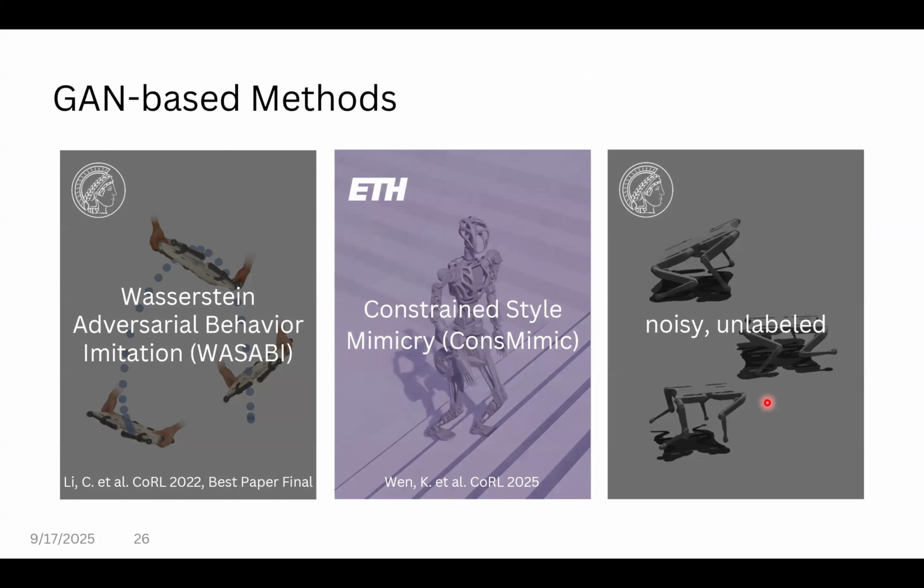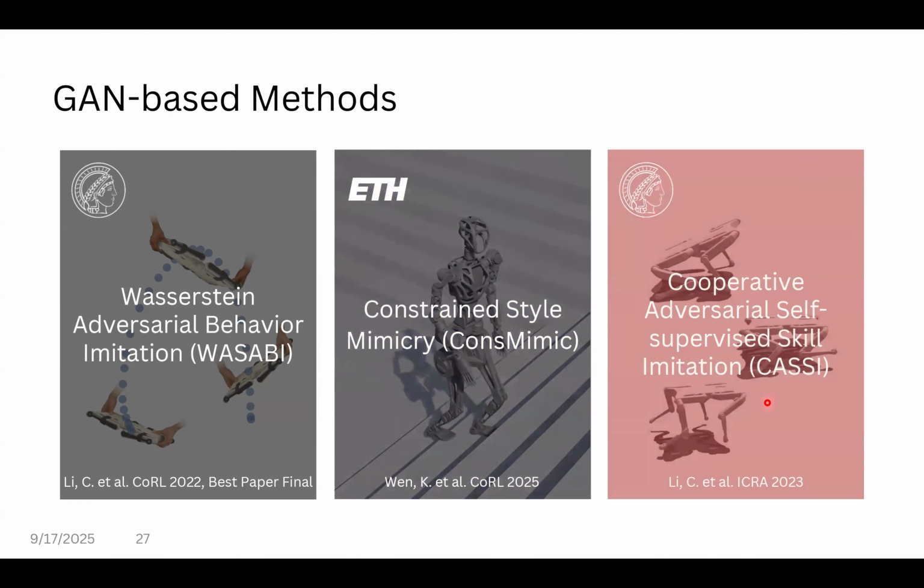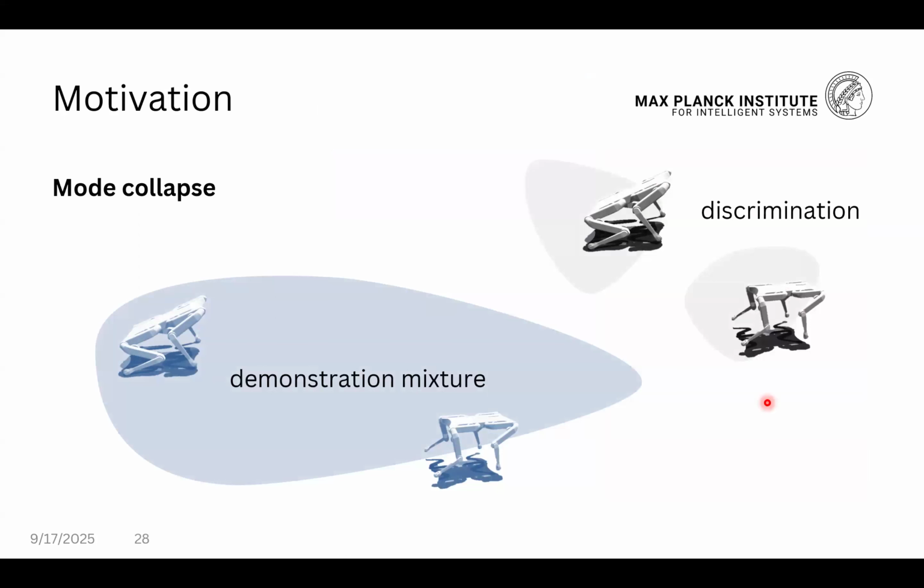And for the third one, we want to try to deal with noisy, unlabeled datasets. Let me introduce Cooperative Adversarial Self-supervised Skill Imitation, or CASSI, if I may call it. Some motivation behind it: imagine you have some human doing all these reference motions. It's very easy to tell the human, please walk now, or please run now, right? You have a label for what your human is doing.